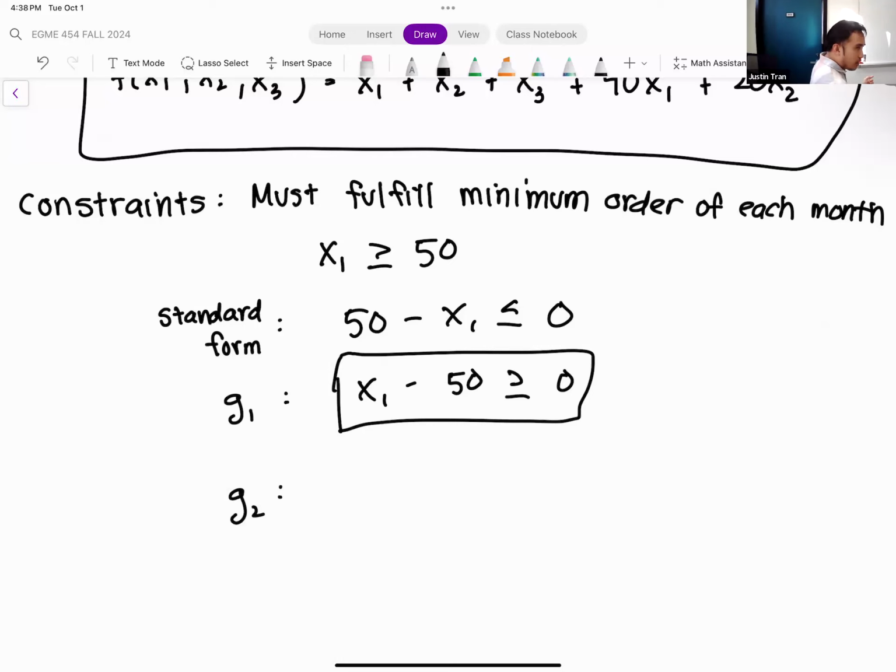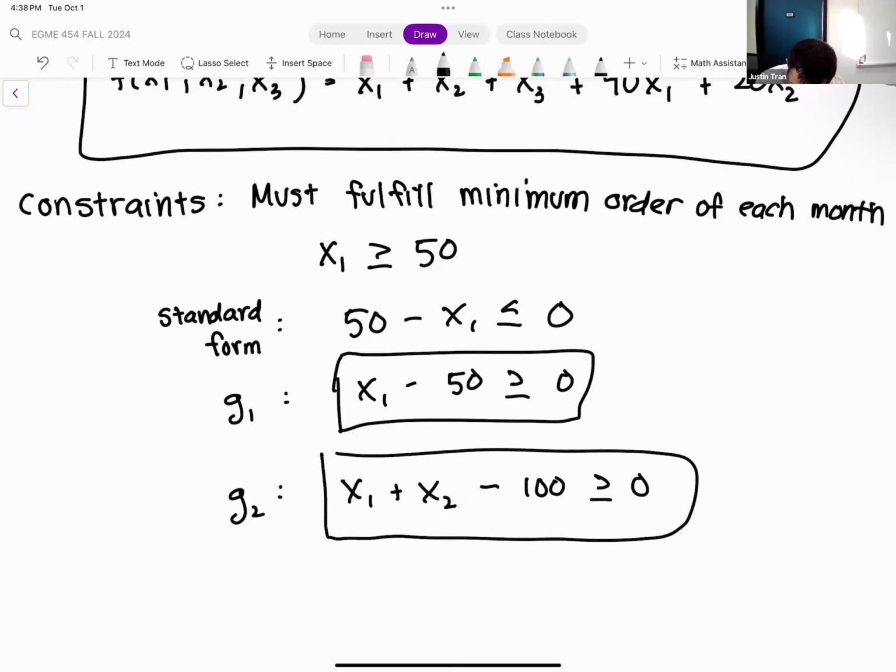G2. So at the end of the second month, we have to produce 100 total refrigerators. So one way we can write that is X1 plus X2 minus 100. And then G3, our third constraint, states that at the end of the 3 months, so X1 plus X2 plus X3, we have to have at least 150 fridges.